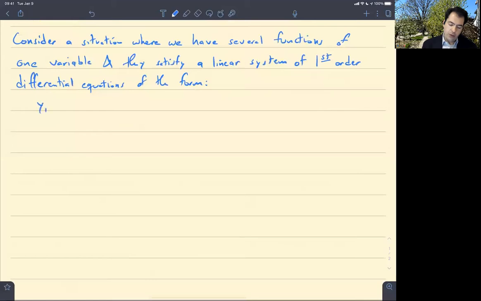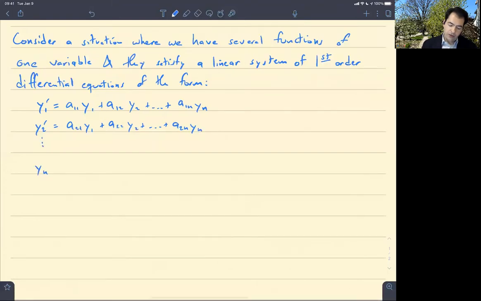Let's say y1 prime is equal to a11 times y1 plus a12 times y2 dot dot dot a1n yn. Similarly, y2 prime is going to be a21 y1 plus a22 y2 and so on till a2n yn.